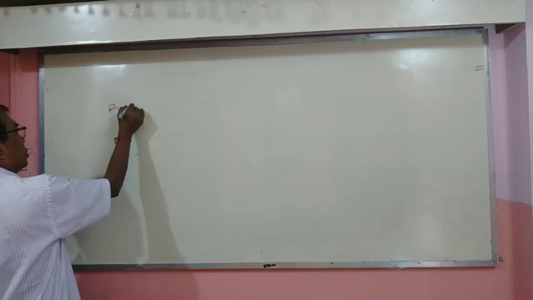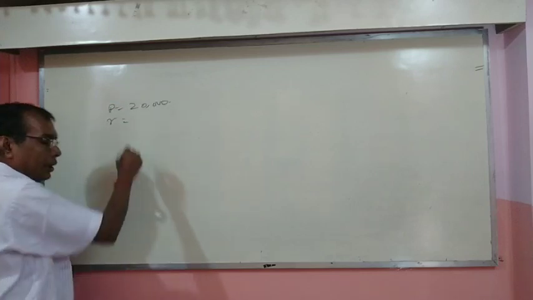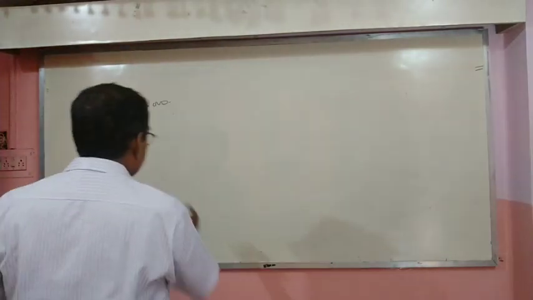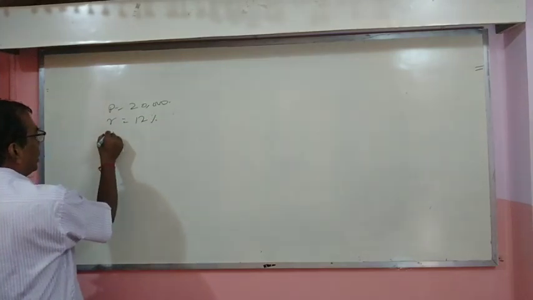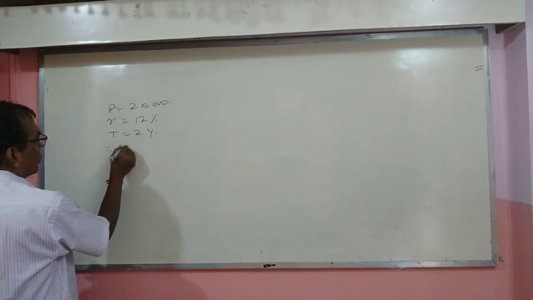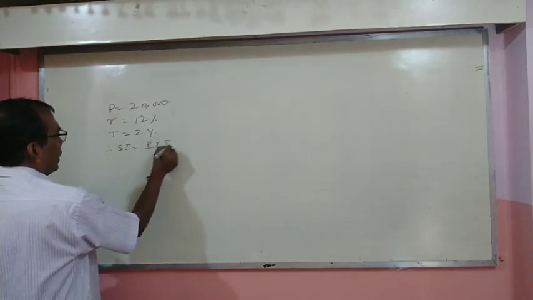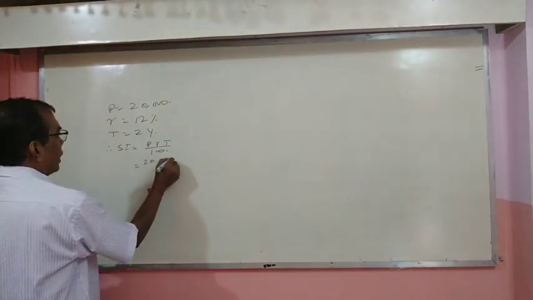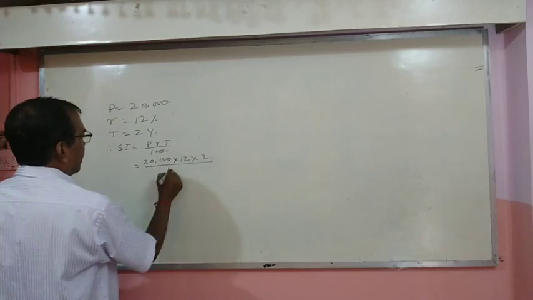Simple interest: P is equal to 20,000 rupees, rate of interest is 12%, and time T is equal to 2 years. Therefore simple interest is equal to PRT by 100, which is 20,000 times 12 times 2 by 100.